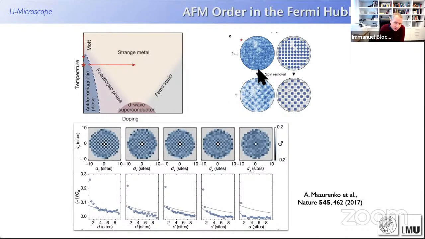And now you can see beautifully from this picture what we couldn't see from the other picture: if we only look at the spin up atoms, they are nicely aligned in this checkerboard pattern that we expect for antiferromagnetic ordering. So you also know where the spin downs are, because each time there's a hole, a missing atom, you know that must have been a spin down particle, if you're coming from a system where every lattice site was originally filled.